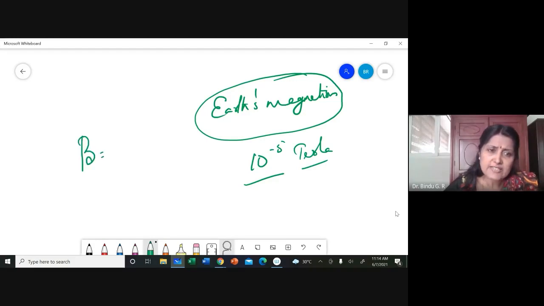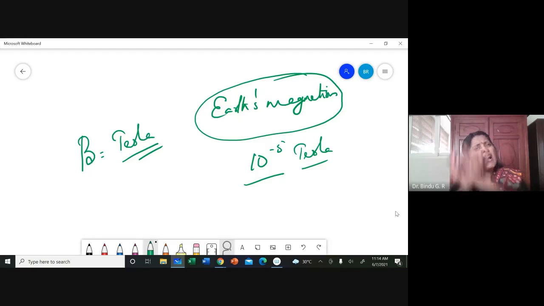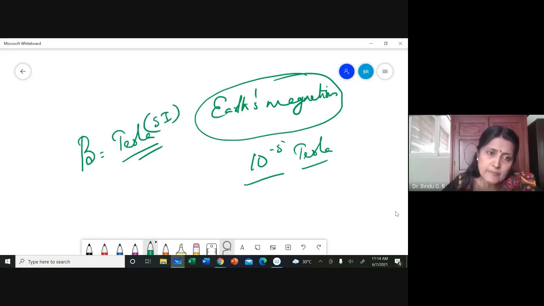Usually B, the flux density, is mentioned in Tesla, but Tesla is a very high quantity. 1 Tesla is a huge quantity. That is the SI unit, we'll come to that later on. But sometimes people mention it in terms of Gauss.